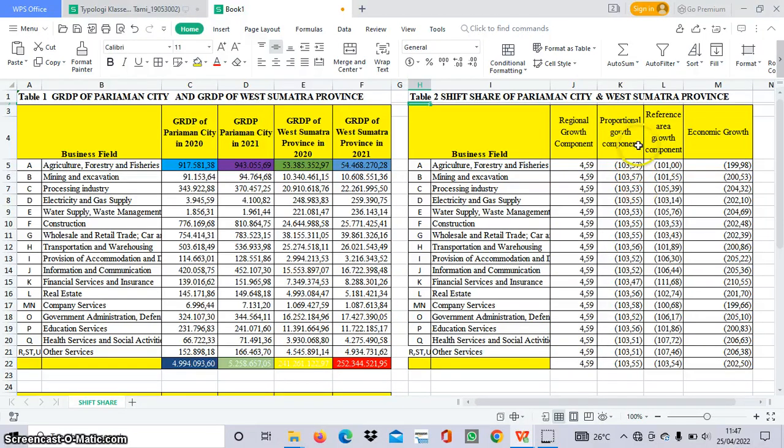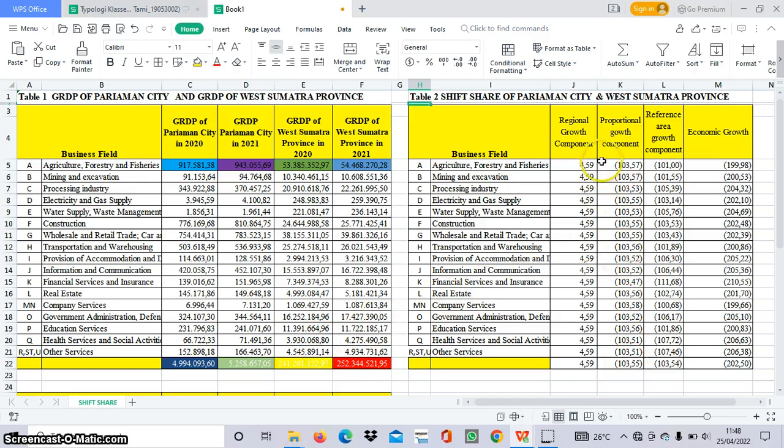After that, the proportional growth component. To calculate the proportional growth component, we use the formula: the color blue divided by the color green, the color blue divided by the green, in brackets, the GRDP of West Sumatra Province in 2021, color red, divided by 2020, multiplied by 100, and the result is this.